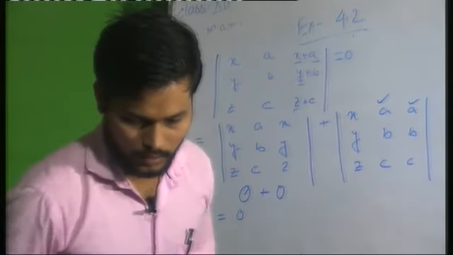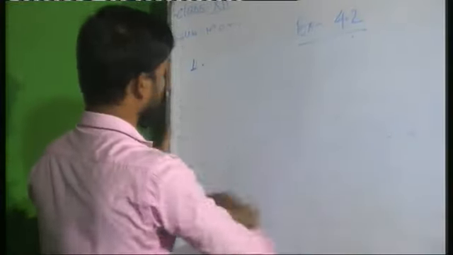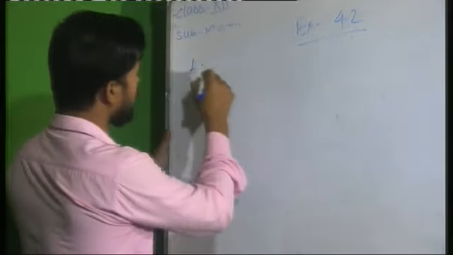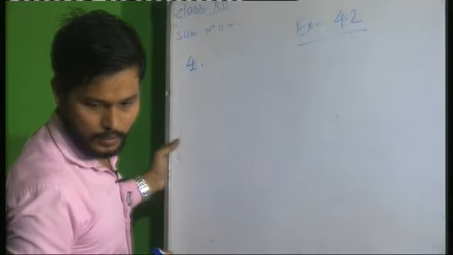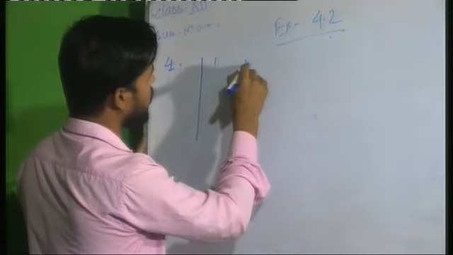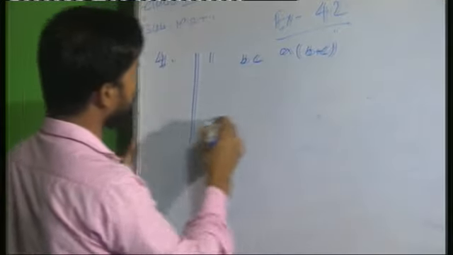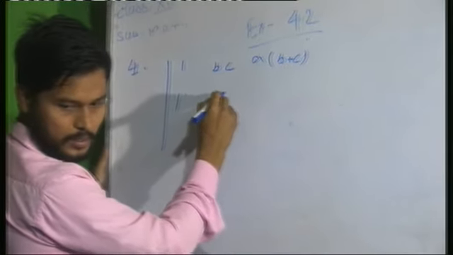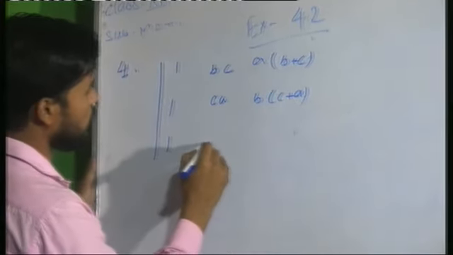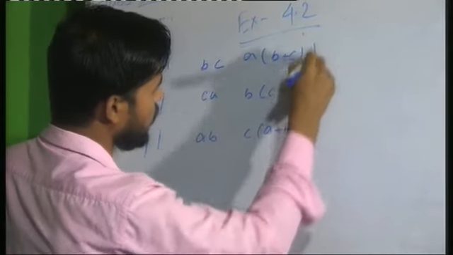Okay, so I'm doing another question. That will be our last question today. Without expanding, we have to prove that, question number 4, the determinant of 1, bc, a into b plus c; 1, ca, b into c plus a; 1, ab, c into a plus b is equal to 0.